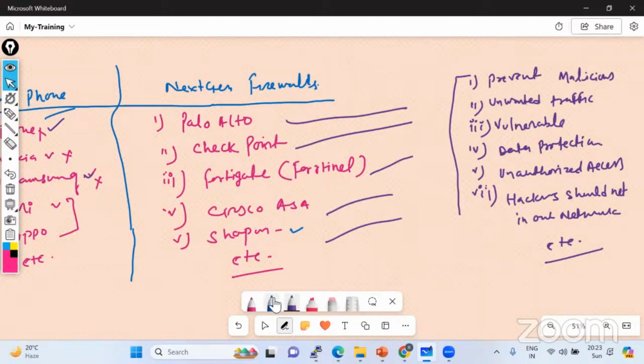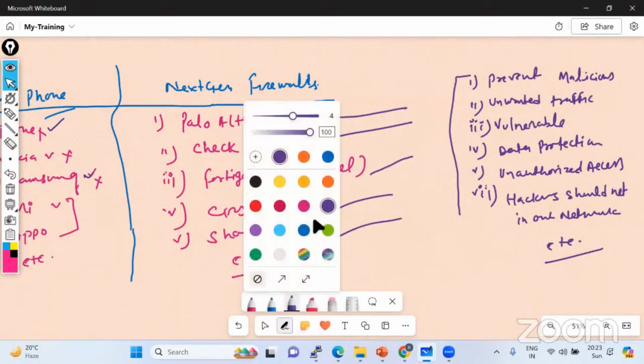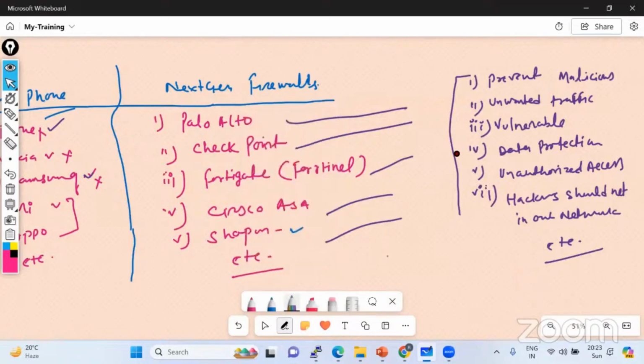So if I'm talking about these things, the question is, are all these features available with any particular firewall, or are they available with all firewalls? No, all these features are available with all firewalls.